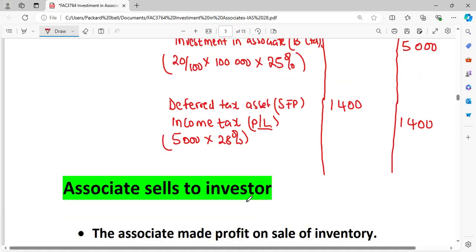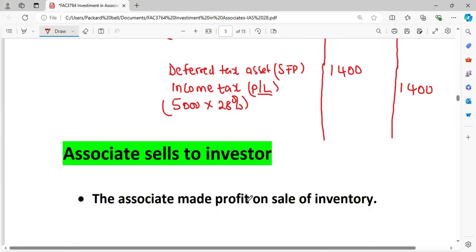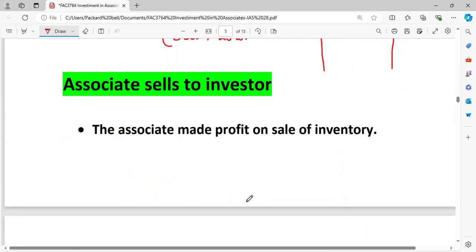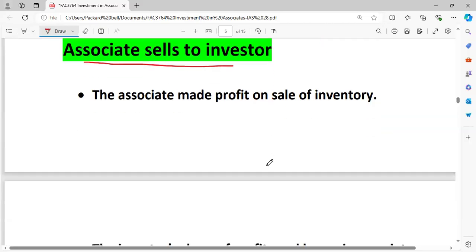So that's there. Then let's look at associate sale to investor. Remember, they were dealing with an associate sale to investor, sale to associate. Here we're dealing with associate sale to investor, right? The profit is made by the associate.